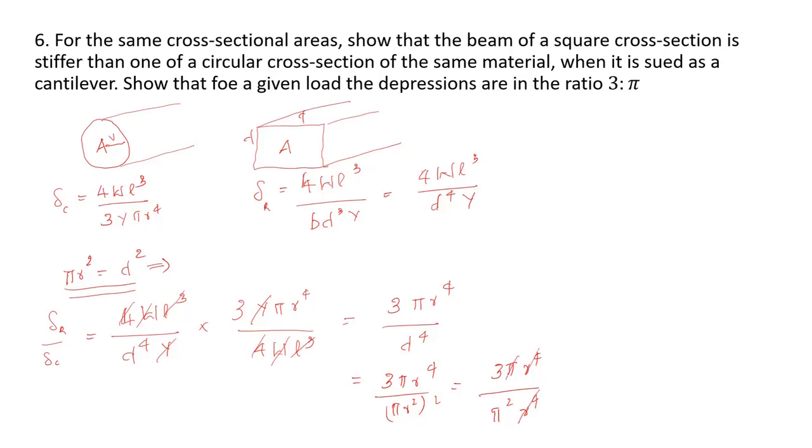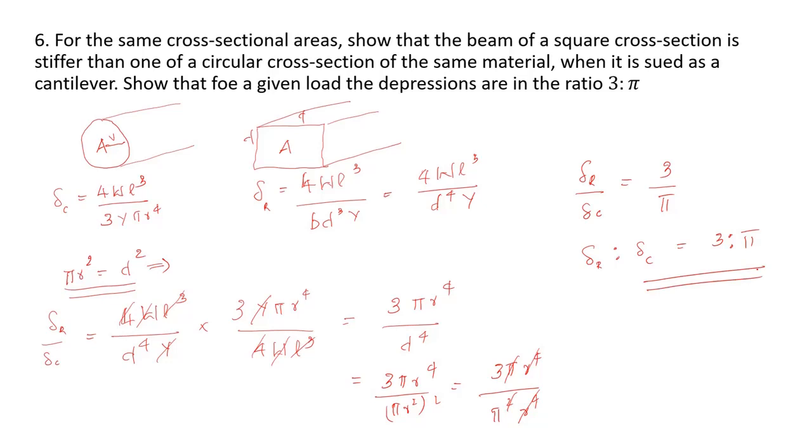On cancelling similar quantities, we get delta r by delta c is equal to 3 by pi, or delta r is to delta c is equal to 3 is to pi.